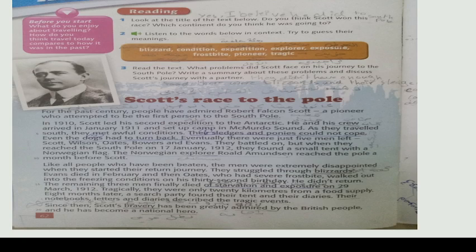Here we have another explorer, and his nationality is Norwegian. He's from Norway, from Europe. His name is Roald Amundsen. This is the person who reached the pole before Scott.